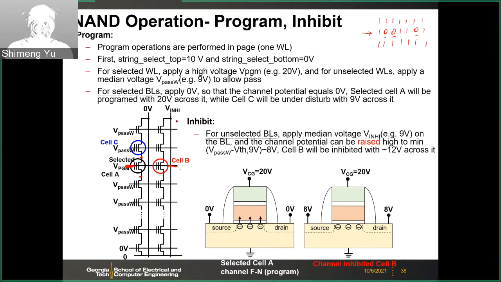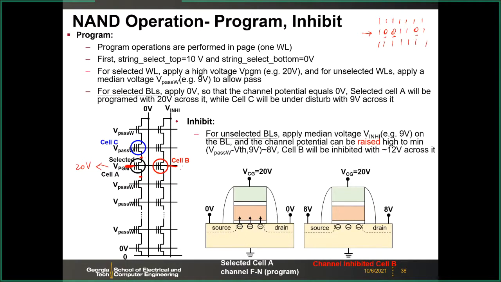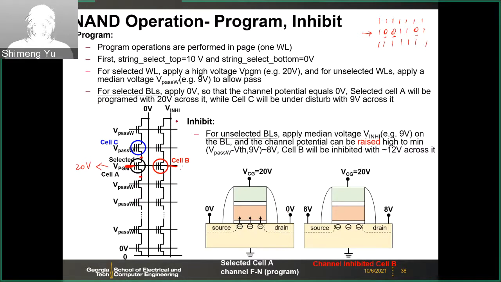So what you have to do is to apply, first of all, here you apply 20 volts to the word line of the selected page. And then the thing is that you have to make the source and drain to be 0. So you can apply 0 from the bit line here. So the bit line should be ground.